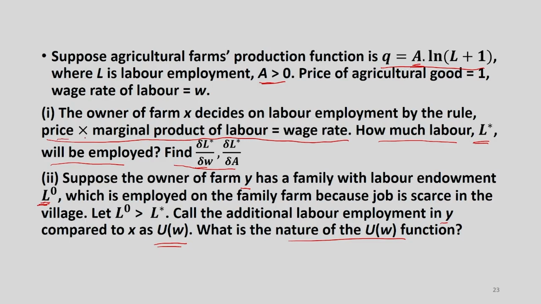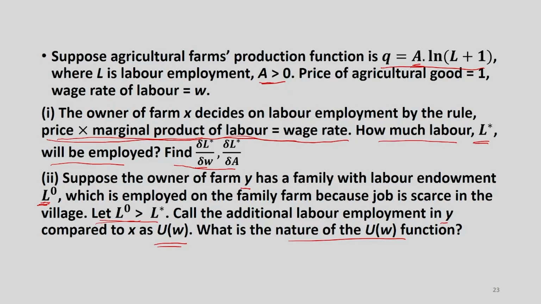So, this rule is not applicable. And what we are assuming is L0 is greater than L star. There will be conditions under which L0 will be greater than L star, we shall see that. And then we are trying to find out what is the additional employment in firm Y as compared to firm X.